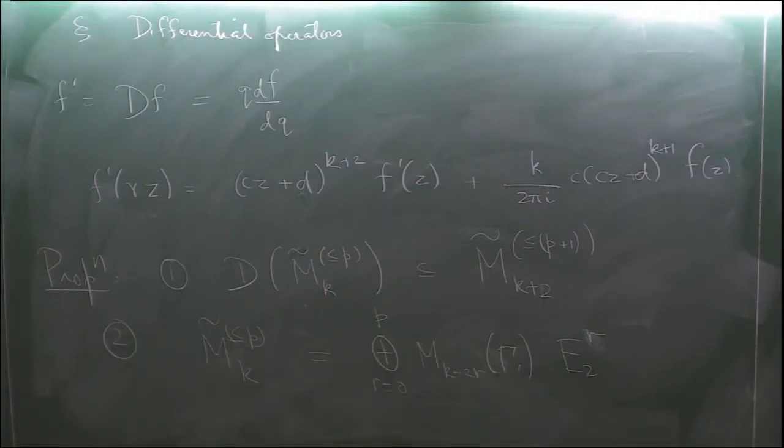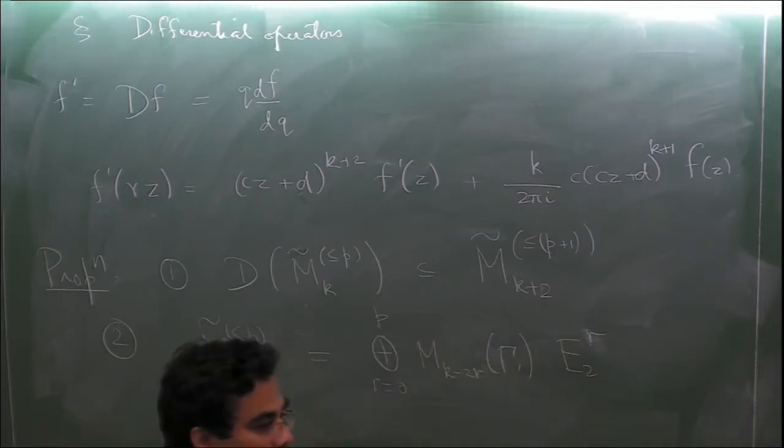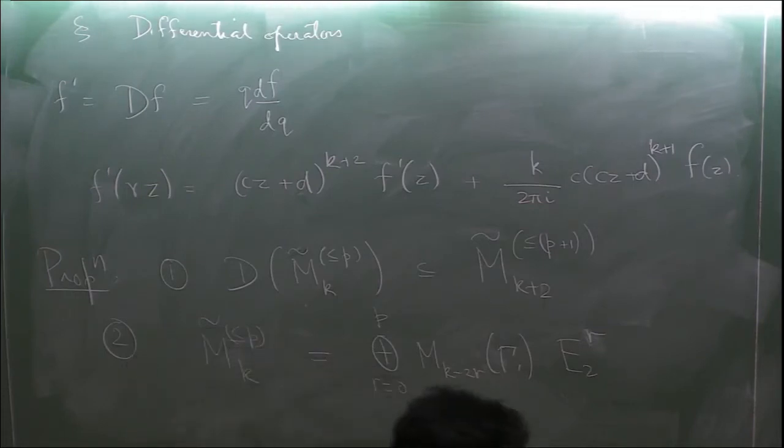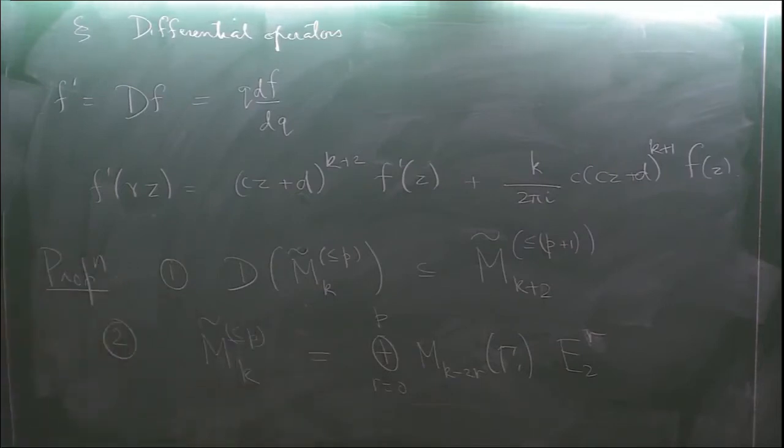I did not define the notation with depth less than or equal to p, but you can imagine what it means. This f has to belong to M hat k, depth less than or equal to p. The differential operator D here is more or less equal to the differential, because it's 2 pi i times d over dz.